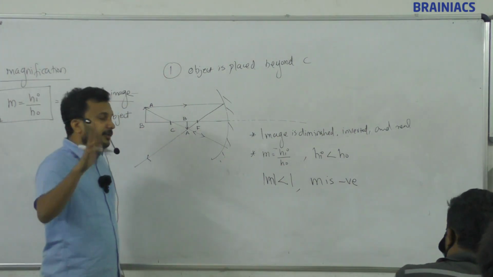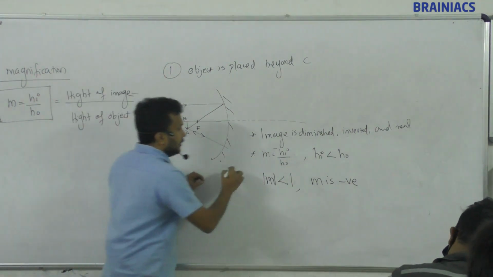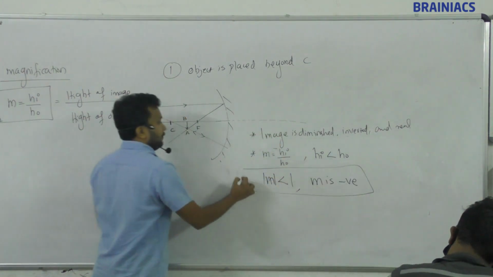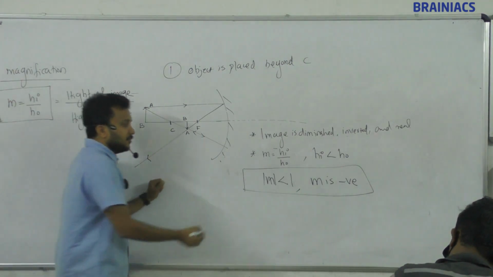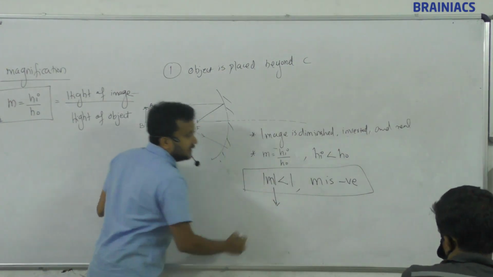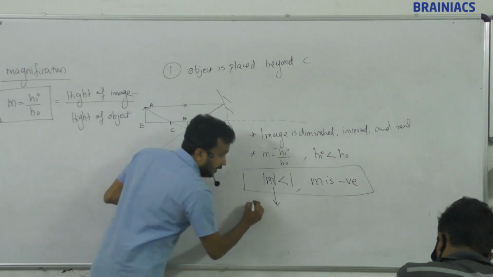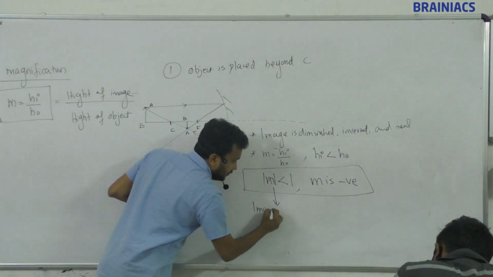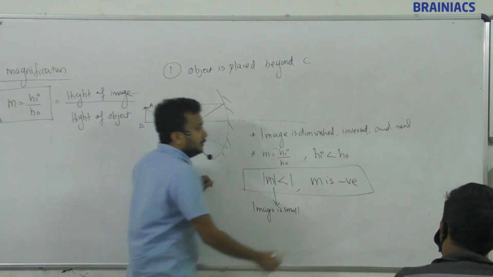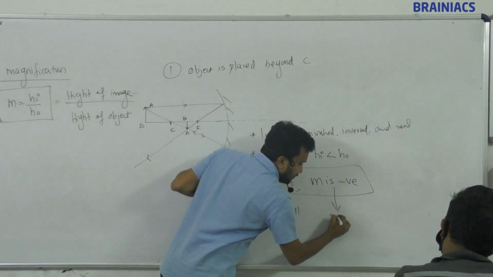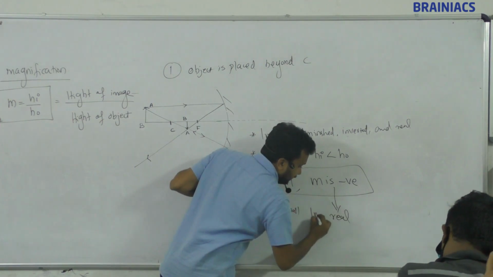Now, two inferences. Sometimes in a question you will see only these two things while attending certain questions. From this, modulus of m less than 1 means the only assumption you have to get is that the image is smaller. When you see m is negative, you have to perceive that the image is real.